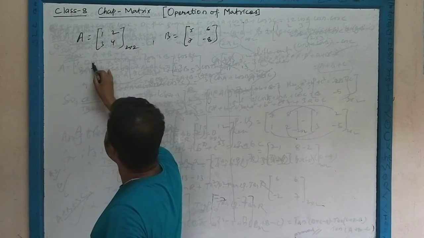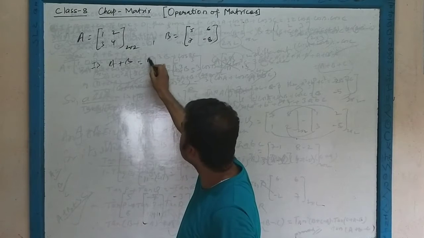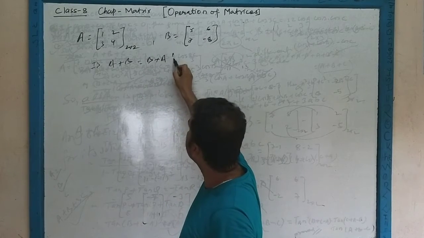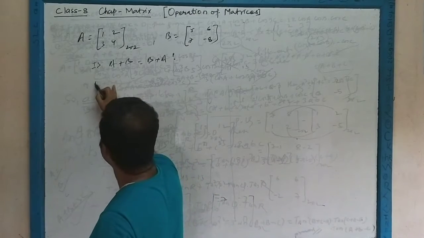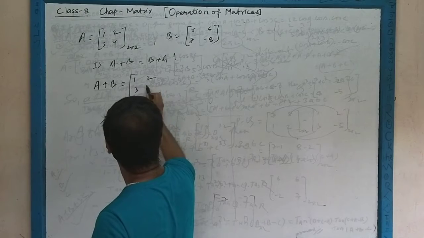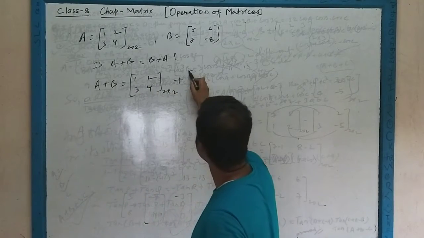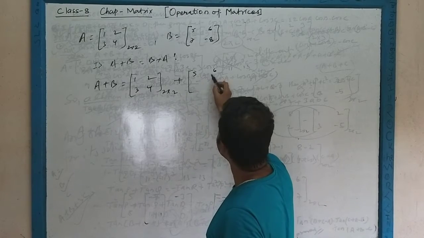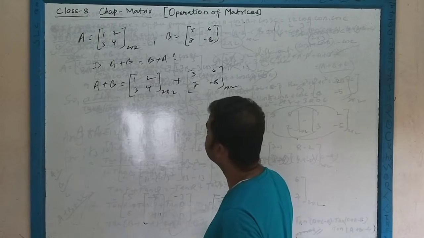Here we need to check: is A plus B equal to B plus A? Let's check and see. A plus B is how much? 1, 2, 3, 4, its order is 2 by 2, plus 5, 6, 7, minus 8, its order is also 2 by 2.